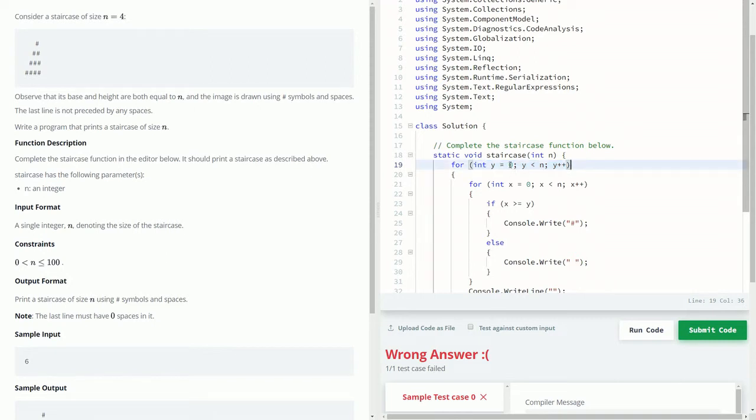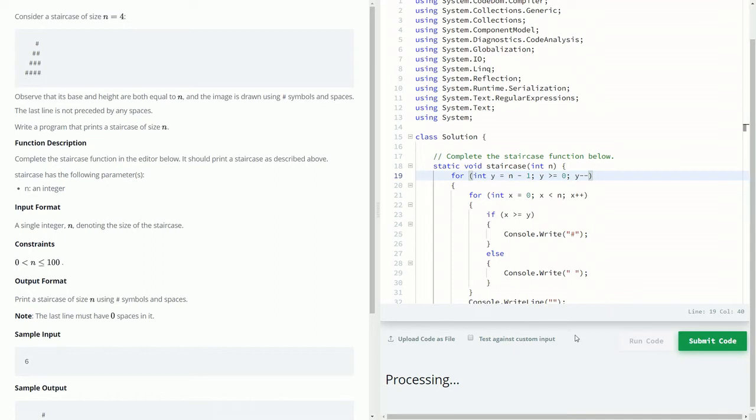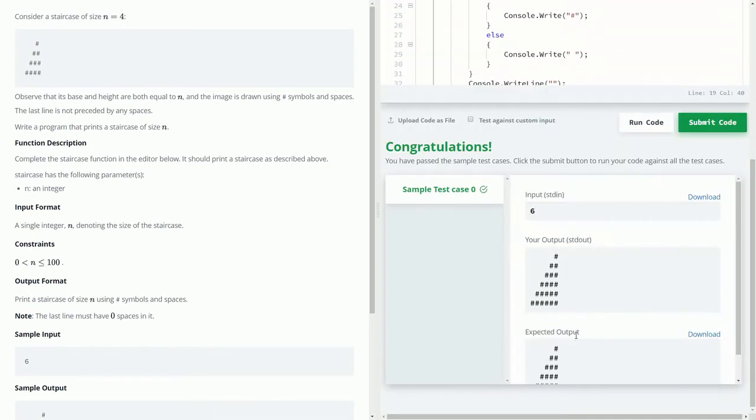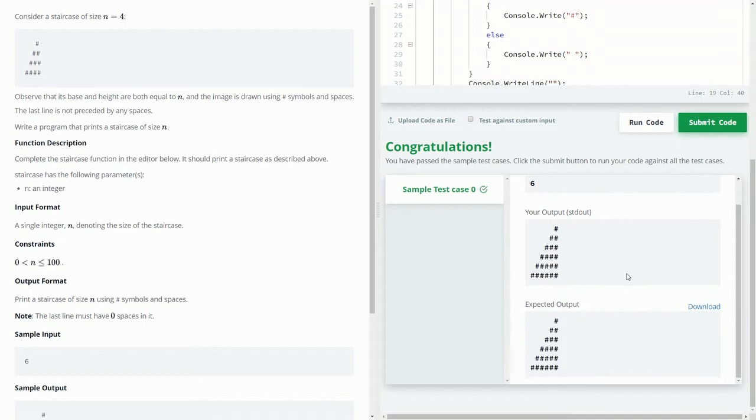Instead of going from 0 all the way up to n minus 1, we'll be starting at n minus 1, and we'll be going to 0, and we'll be subtracting. So let's go ahead and run this. And there we go. We passed the test case.